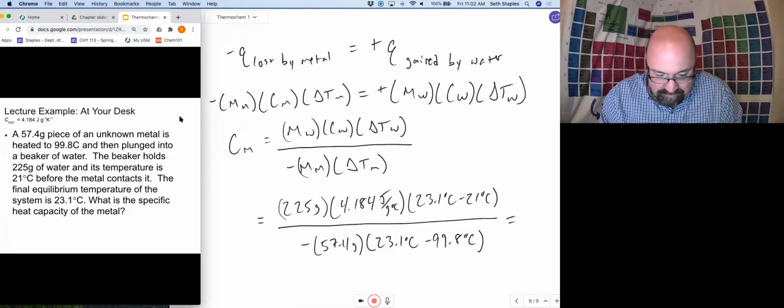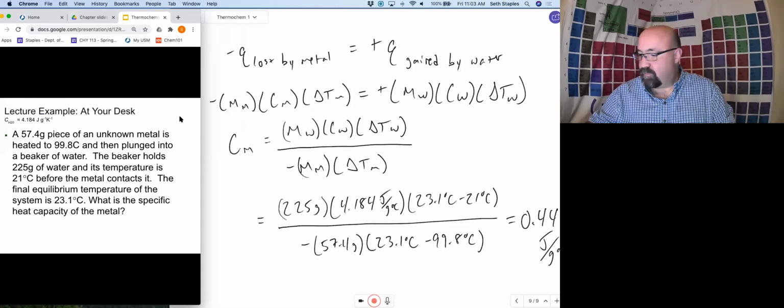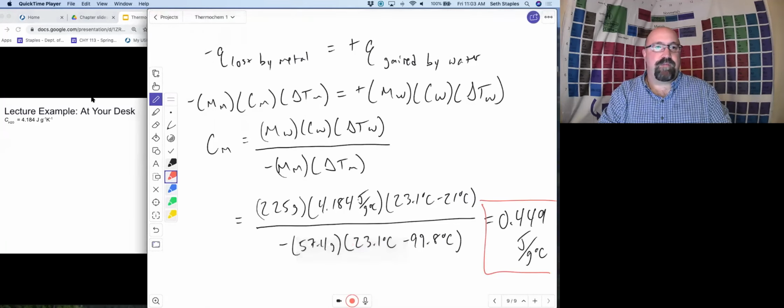So we plug all this into our calculator: 225 times 4.184 times (23.1 minus 21), making sure to put that in parentheses, if you're doing this all at the same time, but then divided by 57.4 times (23.1 minus 99.8), two sets of parentheses with my negative, and I get a value of 0.449 joules per gram degree C. And there's my final answer.